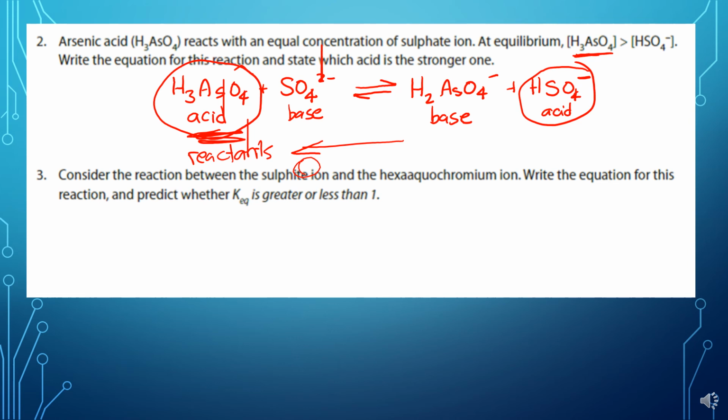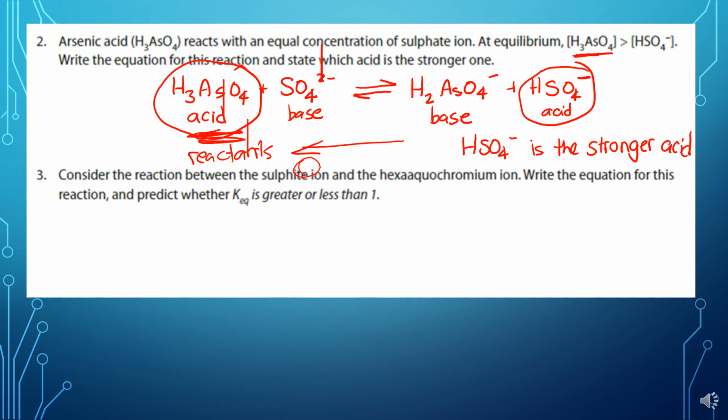The only way we get the reactants favored is if the product side has the stronger acid. So what we can conclude here is that the HSO4 minus is the stronger acid. And this sort of detective work was really important for setting up that chart in the first place. So that's one of the reasons why we might want to do something like this.